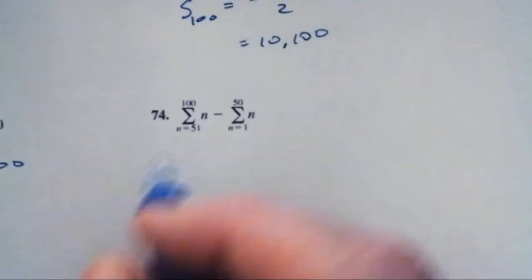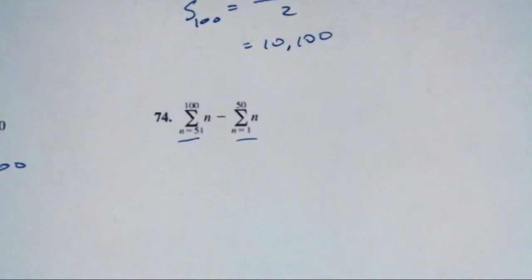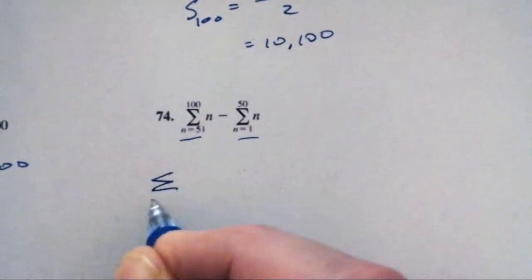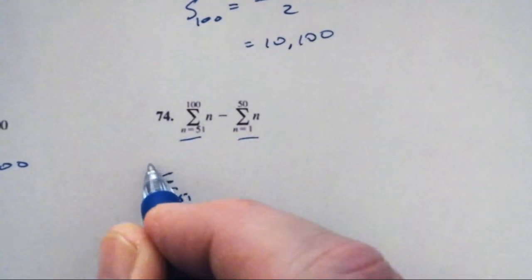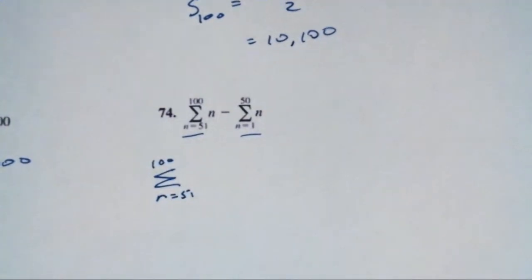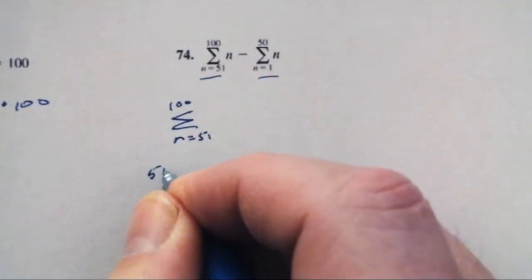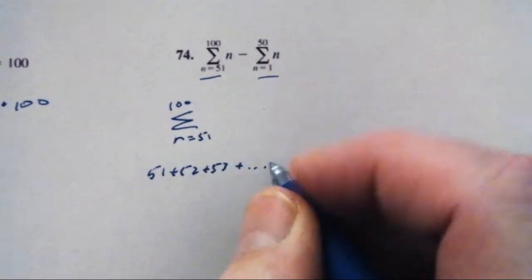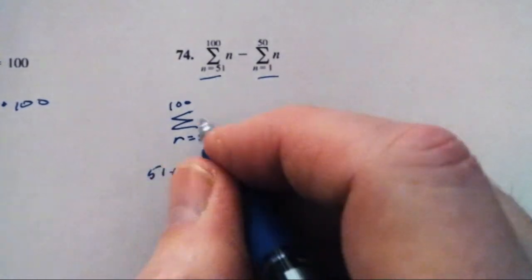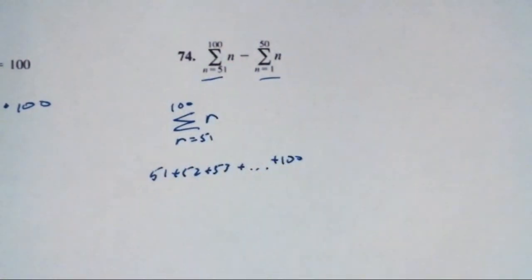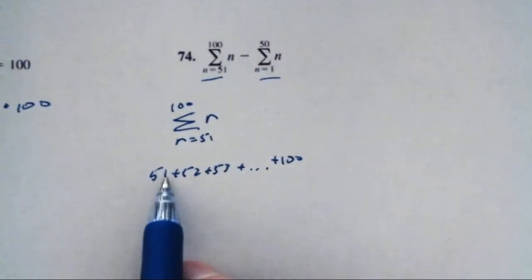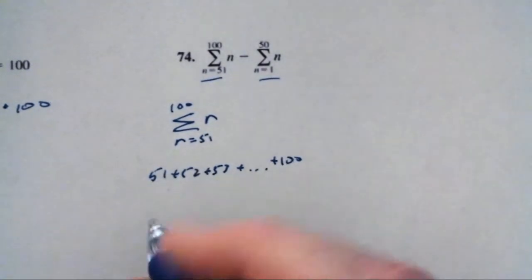All right. So we're going to find two different summations and subtract those. Let's go sum as n equals 51 to 100. That is 51 plus 52 plus 53 plus dot, dot, dot plus 100. This is just plain old n here. So that is the sum of how many steps from 51 to 100, 49, how many terms, 50.